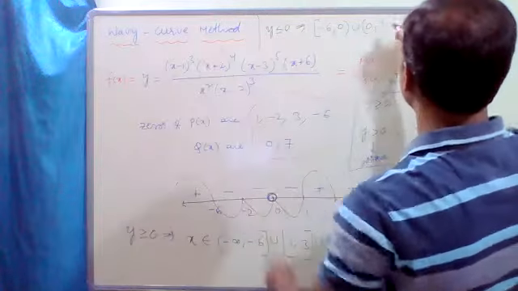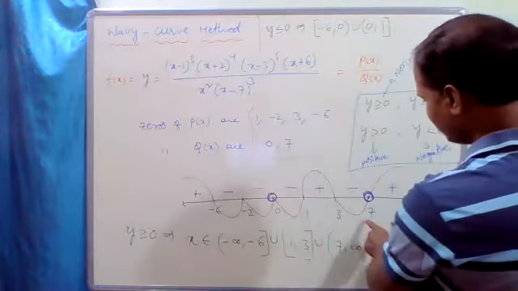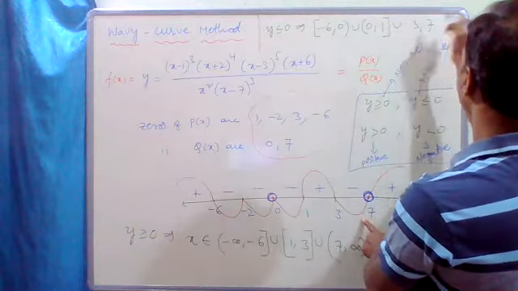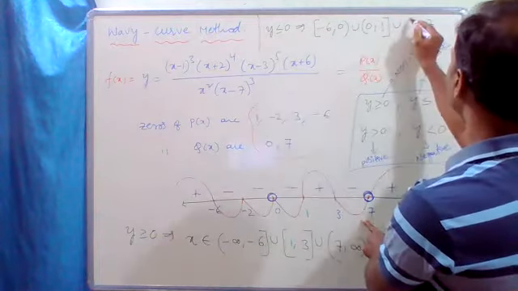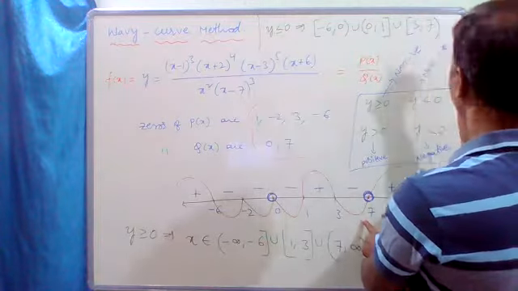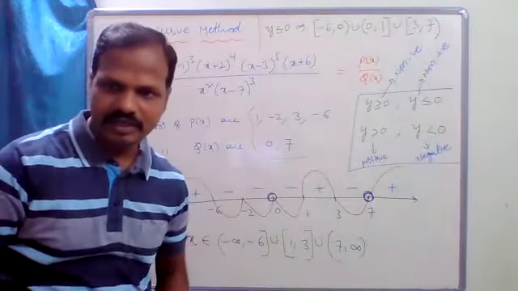Where is 1? 1 is in the numerator, so closed. And where is the negative again? 3 to 7, union 3 to 7. 3 is in the numerator, so closed. 7 is in the denominator, so you have to write open. Is it clear?